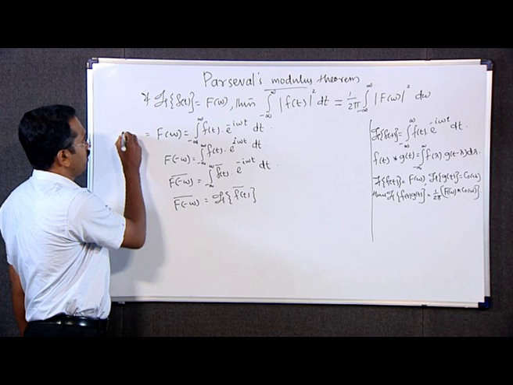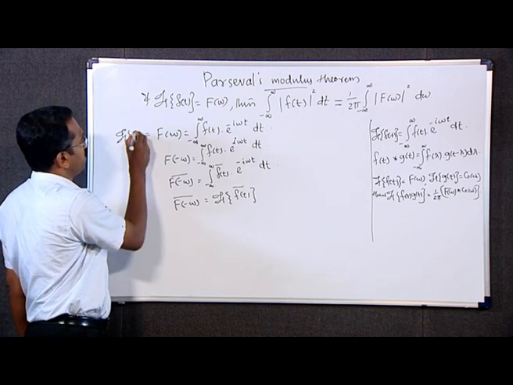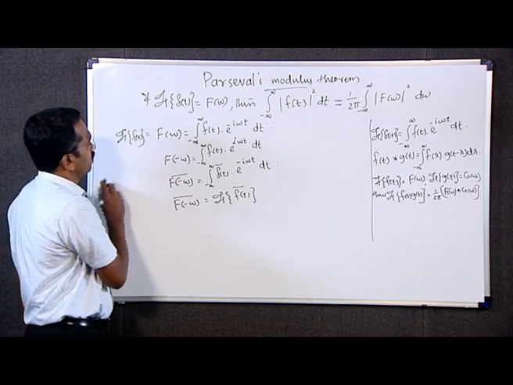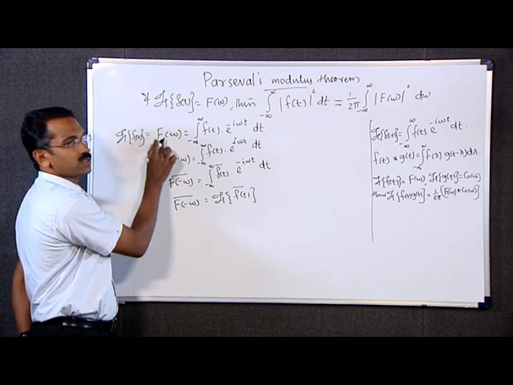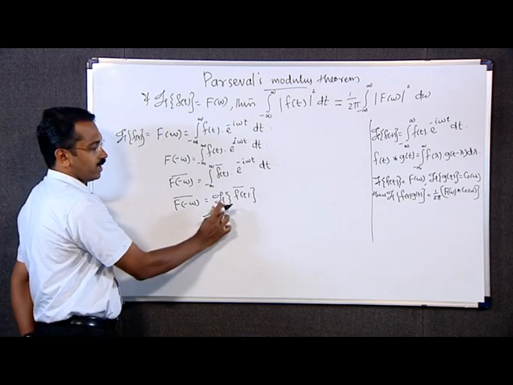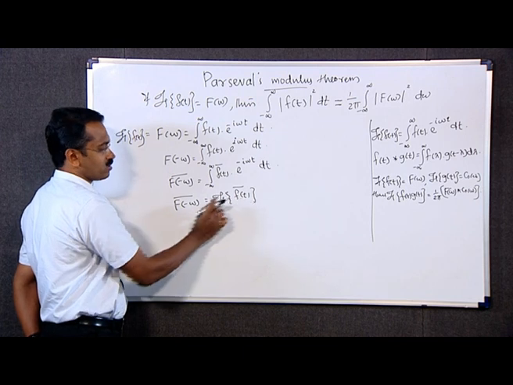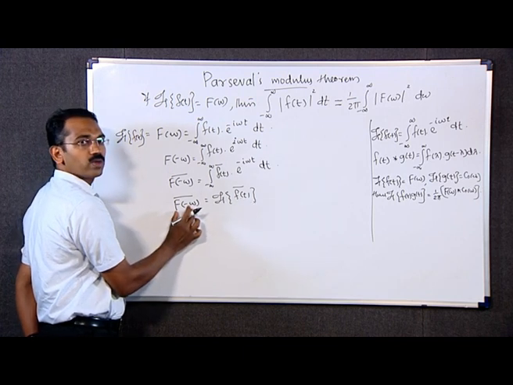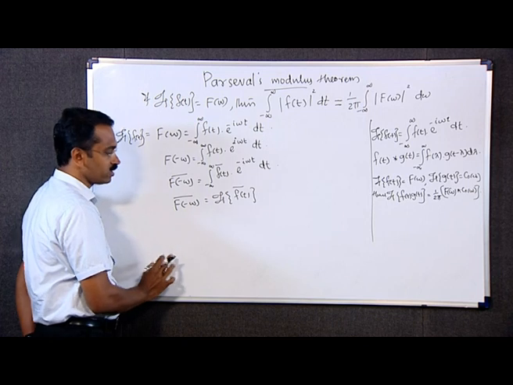Here, the Fourier transform of f(t) is equal to F(omega), and the Fourier transform of f(t) conjugate is equal to the conjugate of F(minus omega).